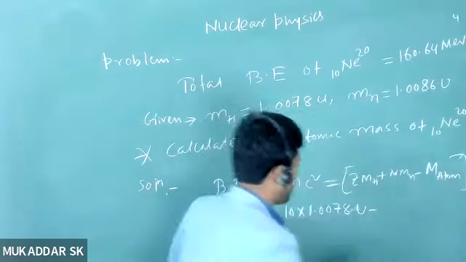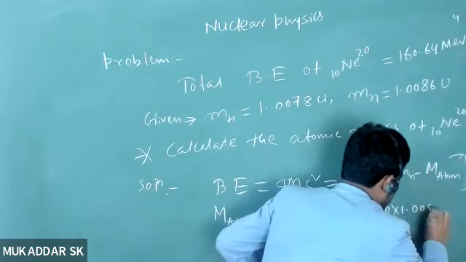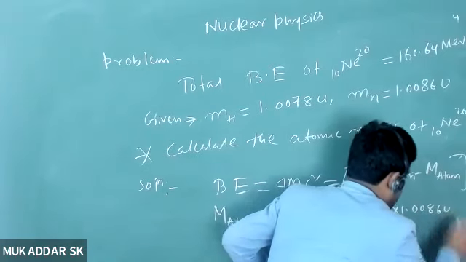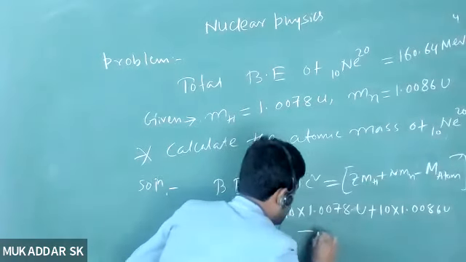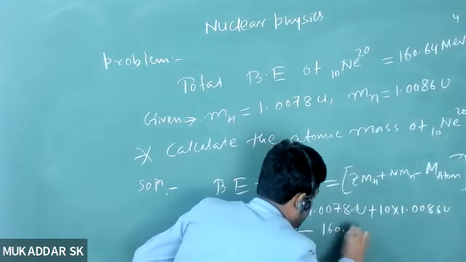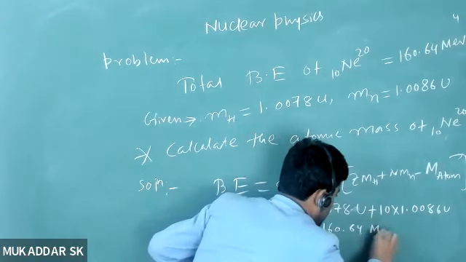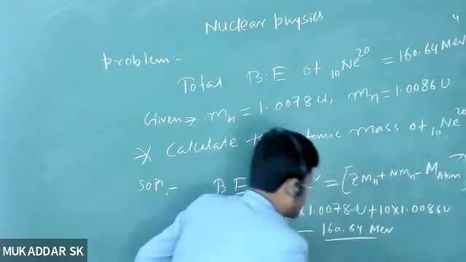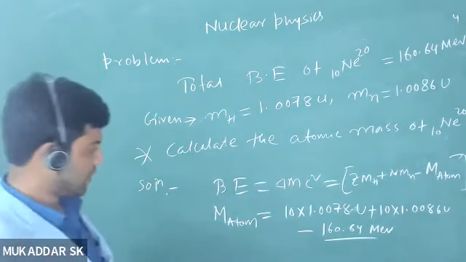Then you will have N, that is again 10, times mn, that is 1.0086 U. And then we will have binding energy, which is given as 160.64 mega electron volt, and below that comes 931.5.